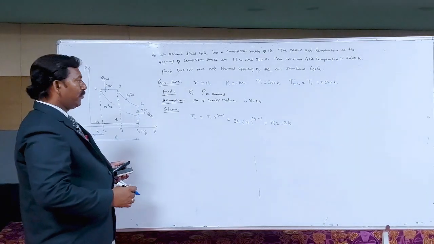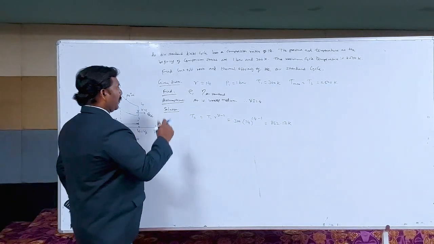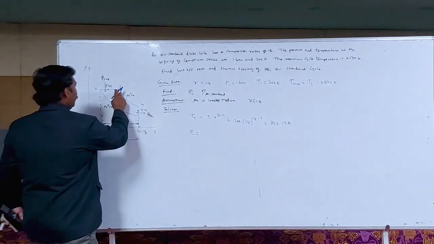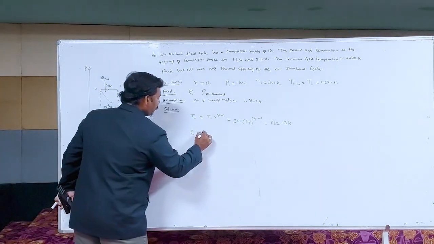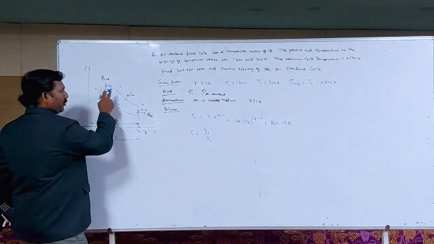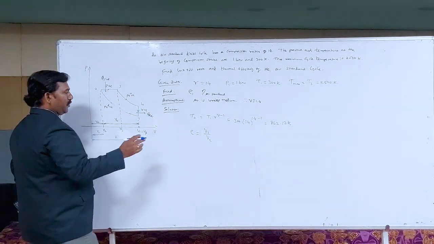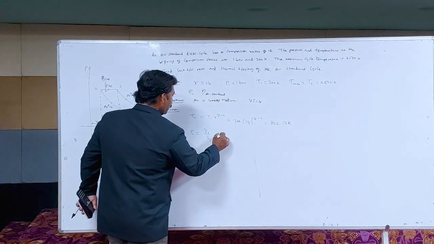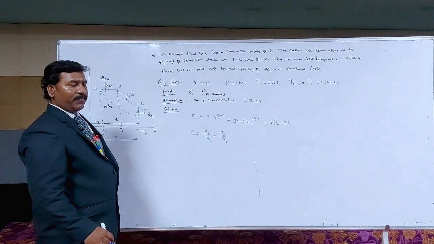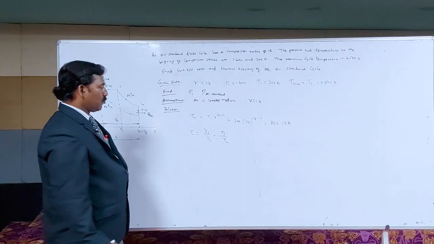So now we have to find out the cutoff ratio to calculate efficiency. The cutoff ratio is V3 by V2. Since the 2 to 3 process is a constant pressure process, V3 by V2 is equal to T3 by T2. So the cutoff ratio can be found using the ratio T3 by T2 also.